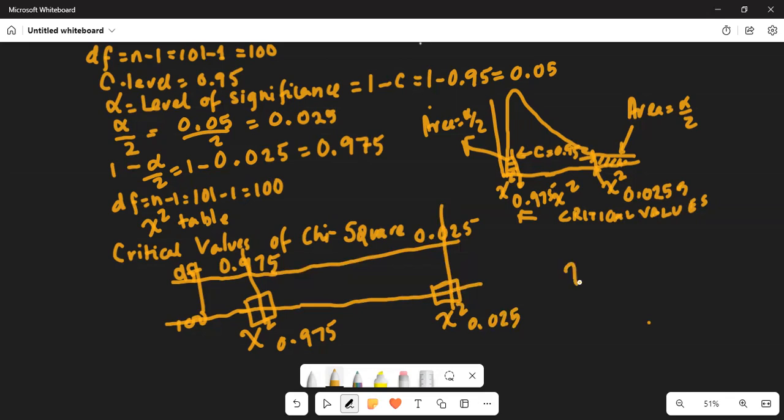I have to write those two values from the intersection of a horizontal line through 100 and a vertical line through chi-square 0.975 and chi-square 0.025. Let me go back to the table again.